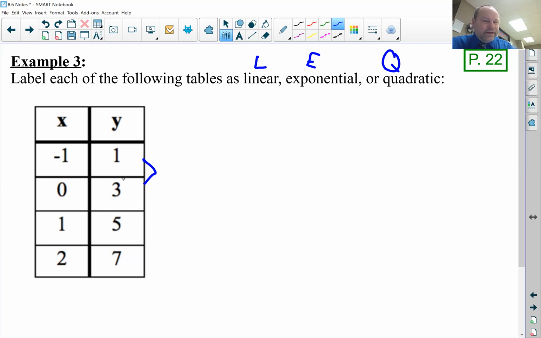I love it. 3 minus 1 is 2. 5 minus 3 is 2. 7 minus 5 is 2. So the first differences are the same. That would be linear. You could also, if you had graph paper, graph it and just see, does it graph like a line or a U or that curved shape? That would be a possibility as well.